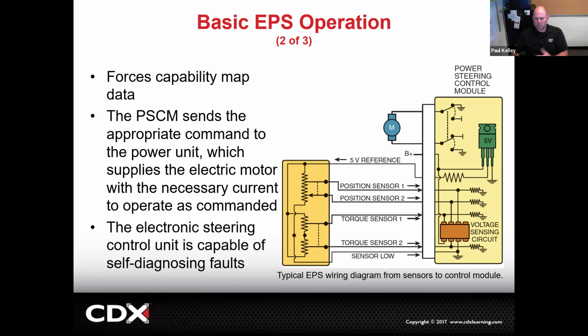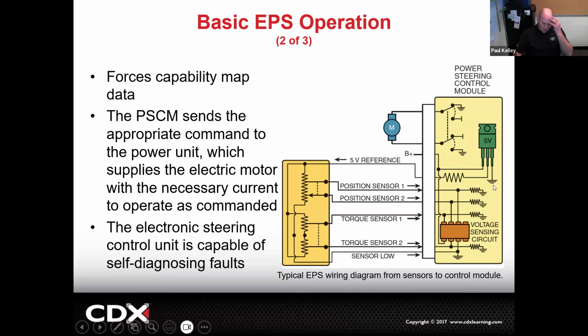What I'm supposed to do is send 12 volts to here and ground to here, and it can vary the amount of amps it sends, right? So if you increase your pressure, the computer will see that voltage change and increase the amperage to the motor. If you decrease your pressure on the torque, it'll see that change and decrease the amperage to the motor. If you all of a sudden throw the other direction, it'll say, oh, they changed directions, and it will not only change the amperage, it will send 12 volts to the other side and ground to the other side and modify the amperage, right?